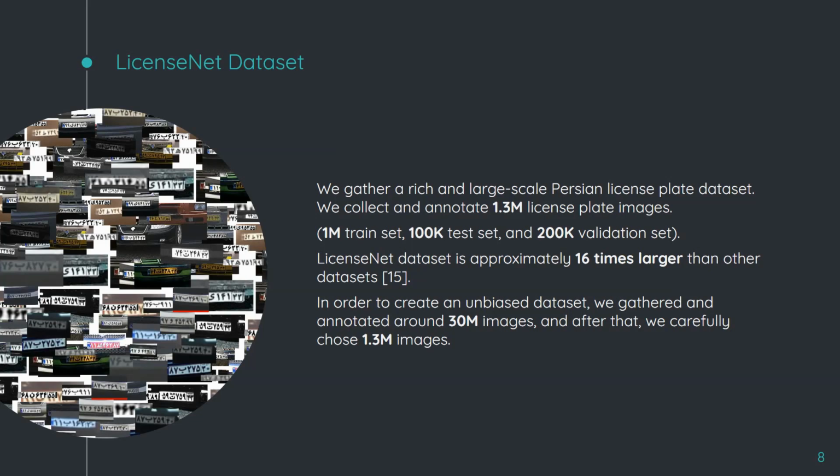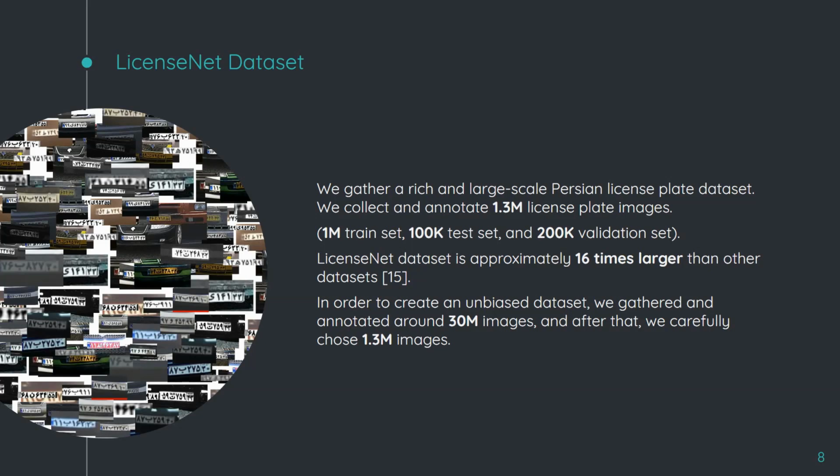The LicenseNet dataset is approximately 16 times larger than other datasets. Because of the large number of data points, it is applicable for training novel models like ViTs or developing robust, powerful OCR models without biases to characters and natural conditions.